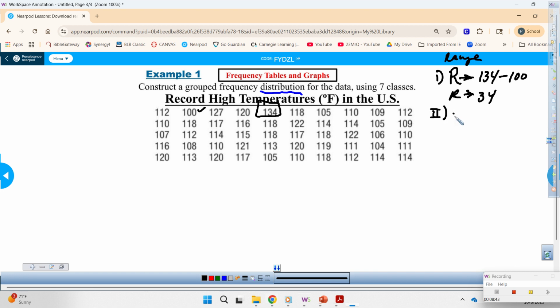Step two, we need to find something that we call the W, or in other words, the width of each class or each row. How do we find the width? Well, we take the range and divide it by the number of classes that they're asking for. How many classes are they asking us to create? 7.